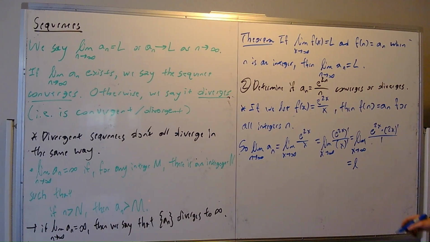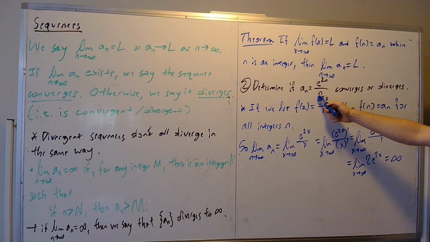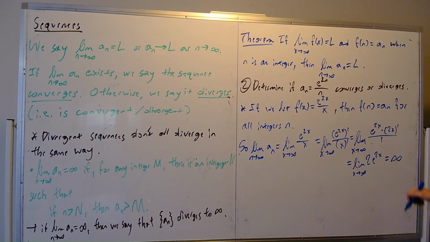So you've got the limit as x goes to infinity of 2 e to the 2x. And now if x is going towards infinity, what is this doing? It's going towards infinity. So this is infinity. The other way of seeing that is that e to some power is going to grow much faster than just x. So this is going to be infinity.